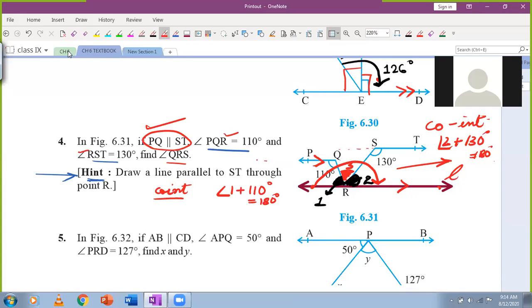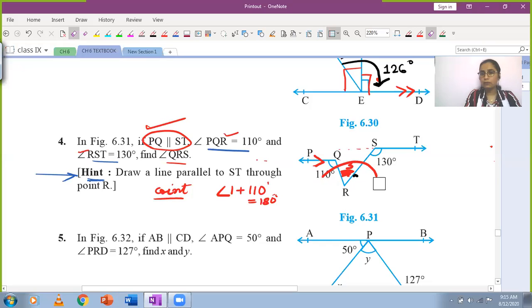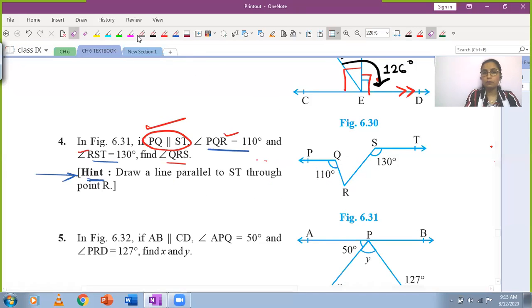Can you please tell which angle is vertically opposite to 110 degrees and 130 degrees? Vertically opposite angles are not formed here, because in this figure, if I hadn't modified it, I don't have a pair of intersecting lines anywhere. Vertically opposite angles are formed when you have a pair of intersecting lines. Here, no two lines or line segments intersect.